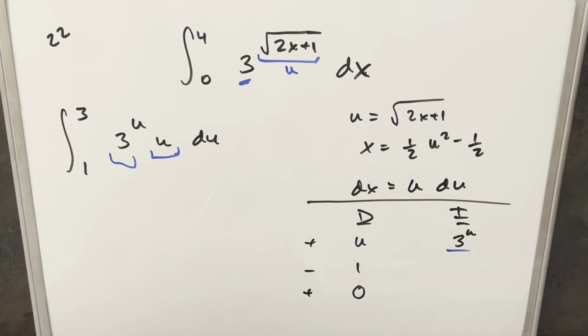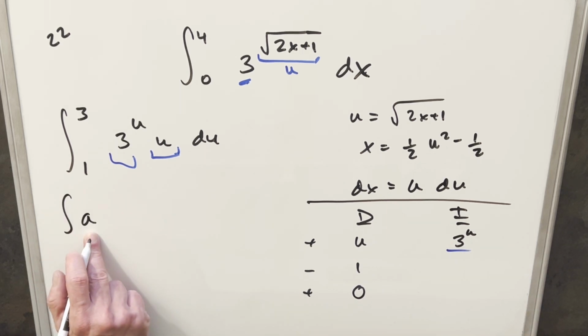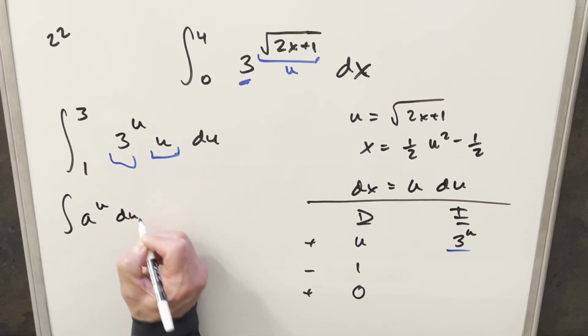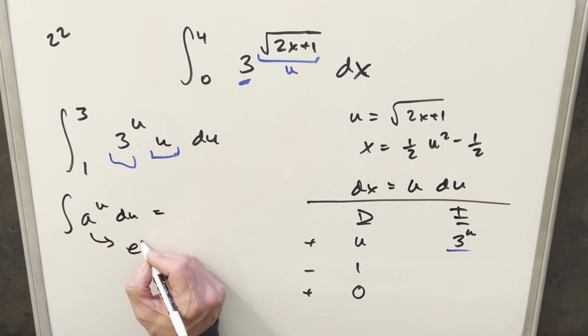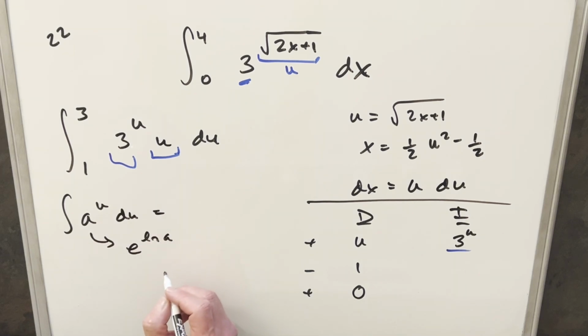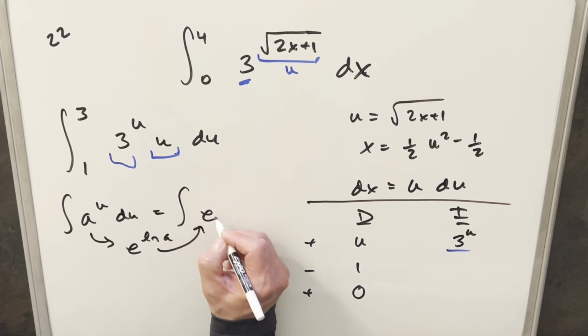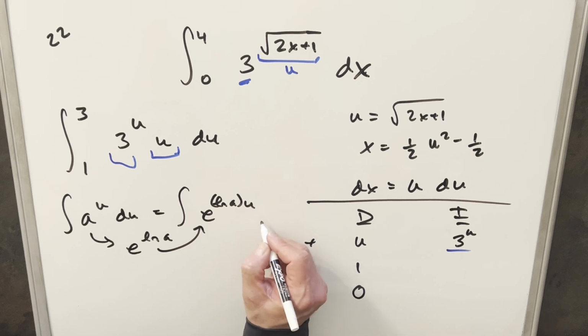Now for the integral of 3 to the u, we could just use a formula for that, but let's just do it out really quick over here. I'm going to do the general form, where we have a constant base that's not e. We can write this as the integral of a to the u du. We can write a as e to the ln a, so we can rewrite this integral as the integral of e to the ln a times u du.